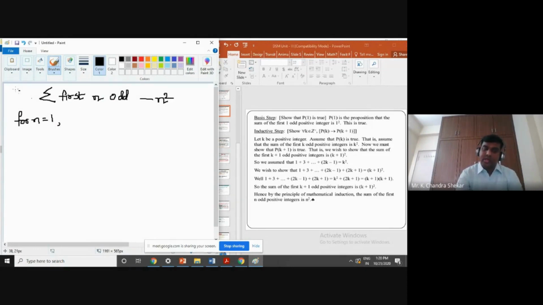So for n equal to 1, I need to take P of 1, which is the sum of the first one odd positive integer. What is the first odd positive integer?